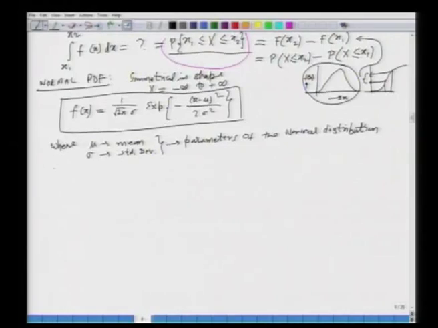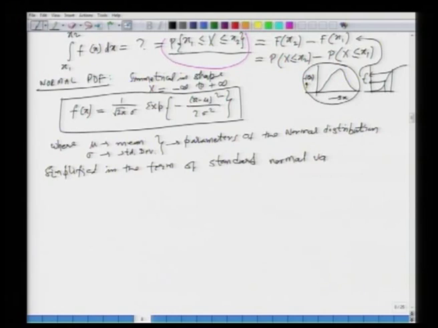So, normally we simplify this and define it using the standard normal variable.